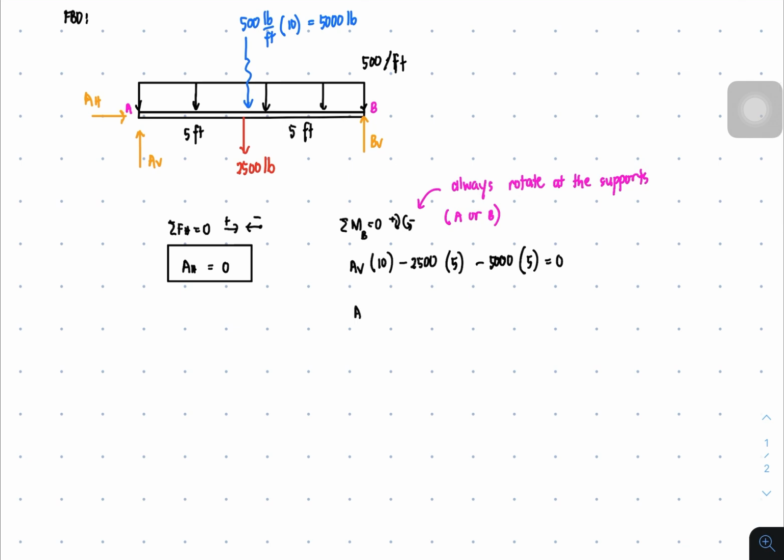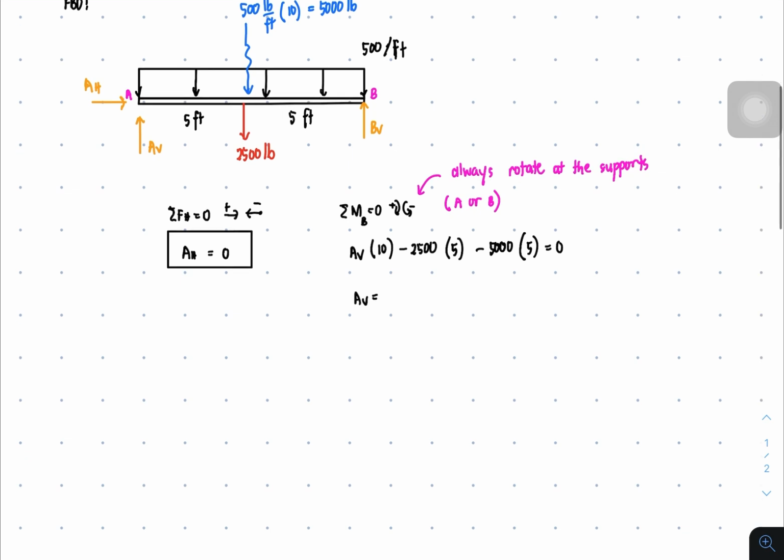Now we have AV, and you transfer all the terms except AV to the other side.